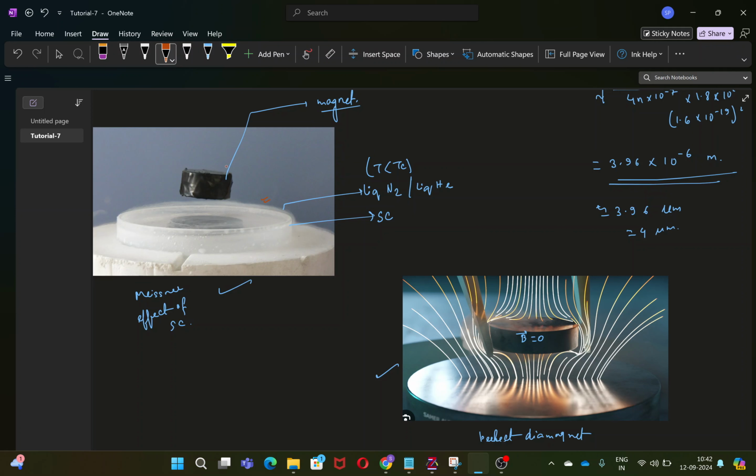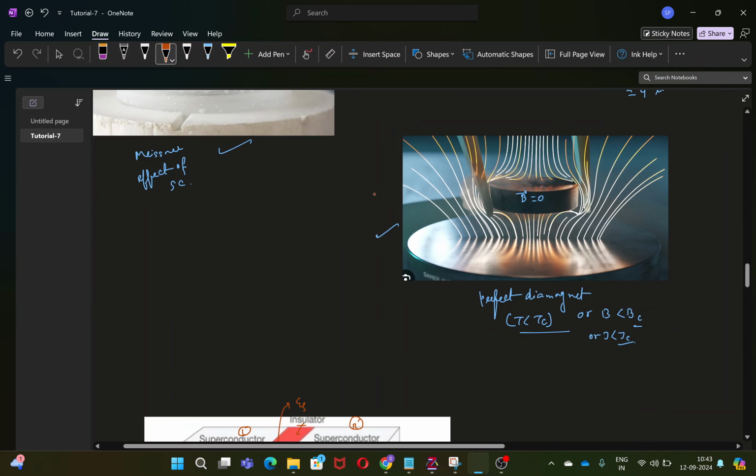Because the magnet's magnetic field is not exceeding the critical field value, it is still in the superconducting state, and it will continue to repel the field lines away. So instead of the magnet falling down and touching the superconducting surface, it is as if suspended in thin air on top of the superconductor. This is the Meissner effect, and it happens because of the perfect diamagnetic property.